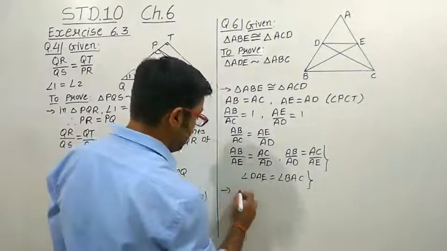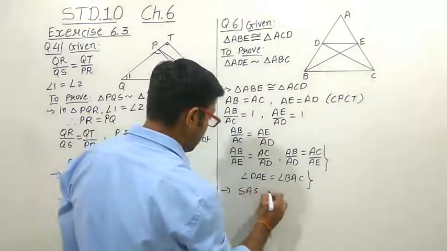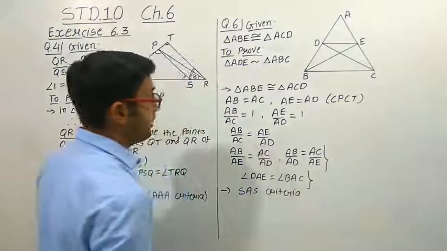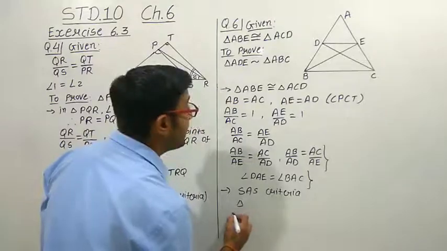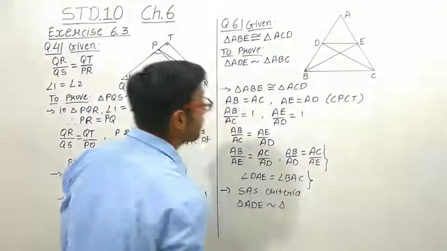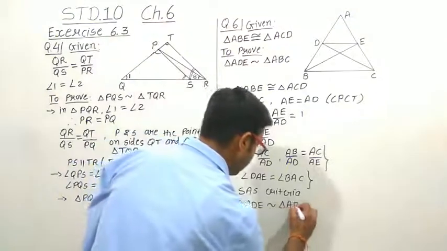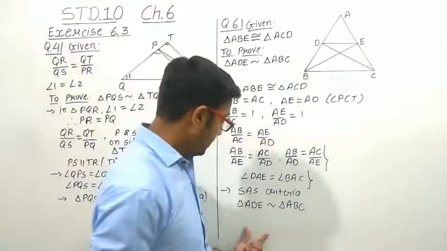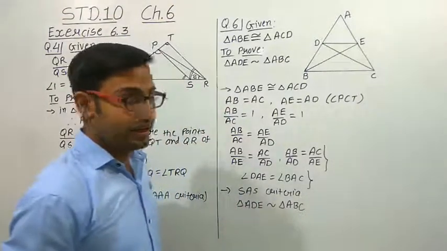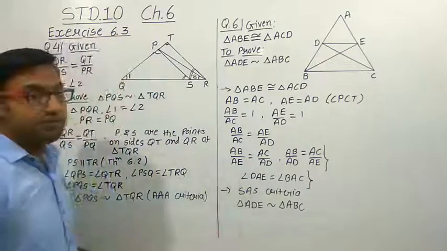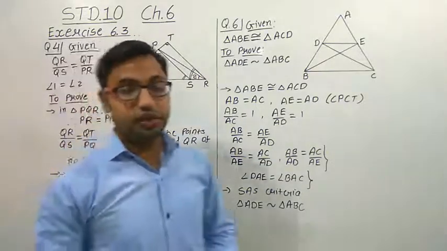So by the side angle side criteria, we can write that triangle ADE is similar to triangle ABC, right? So which criteria did we use here? Side angle side criteria. In this way we can solve this type of problem and prove the similarity of two triangles.